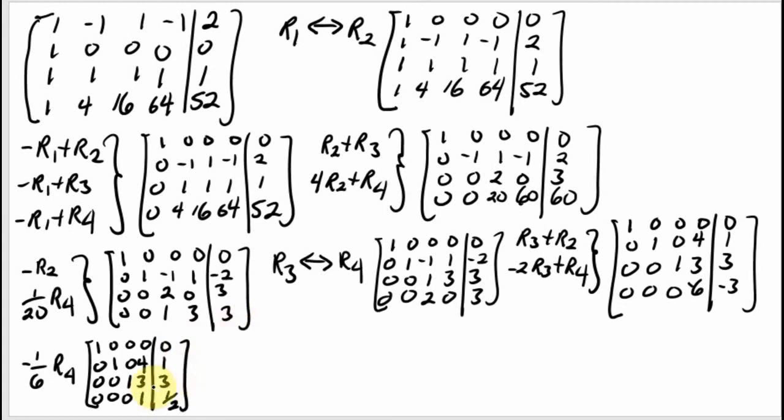So now we use the 1 at A44 to get zeros above it. So negative 4 times row 4 plus row 2, and then negative 3 times row 4 plus row 3.